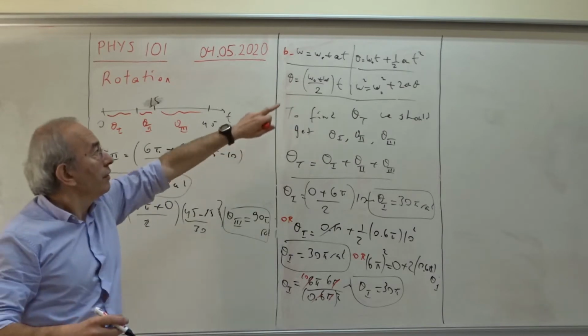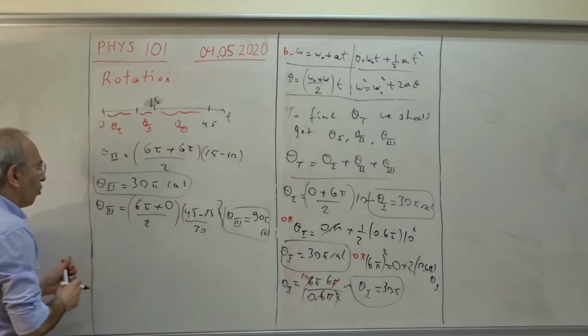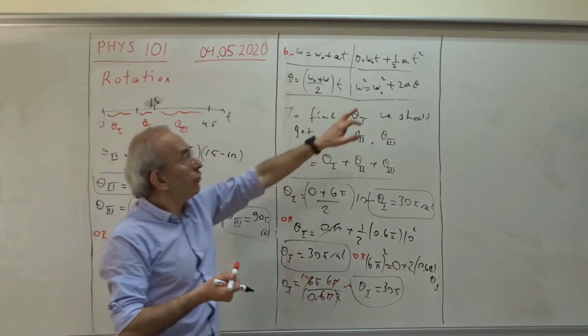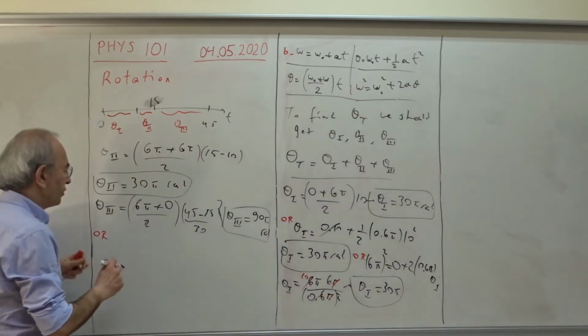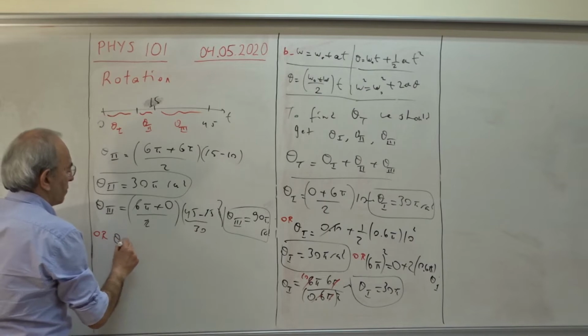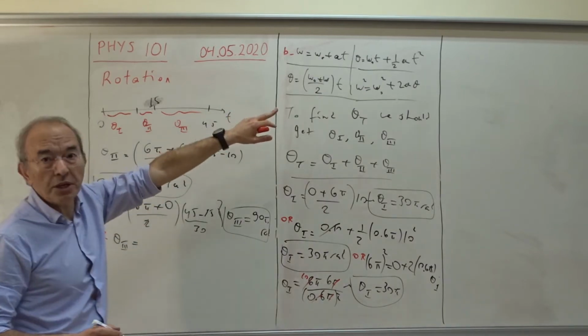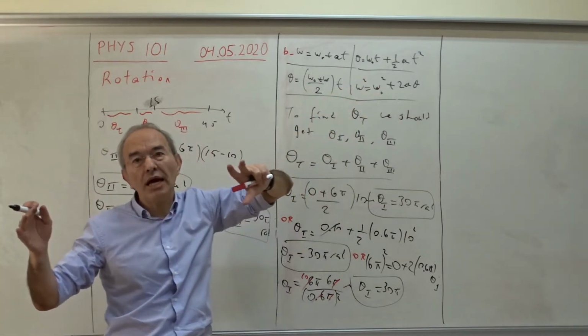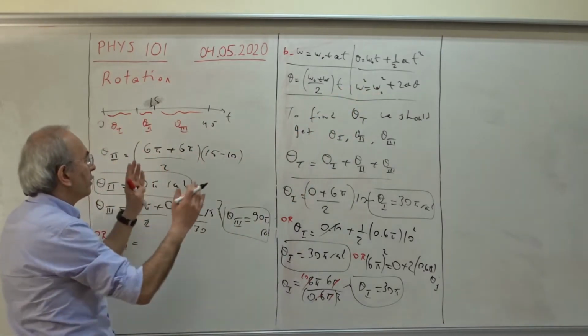Can we get the same result by other equations? Of course. Let's use the third equation for finding theta 3. Omega 0 is not 0 now, because we are interested in the last interval.